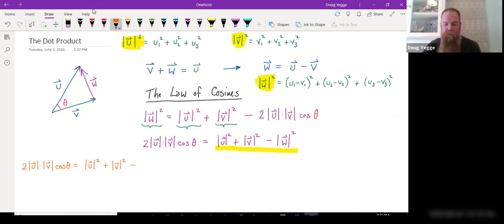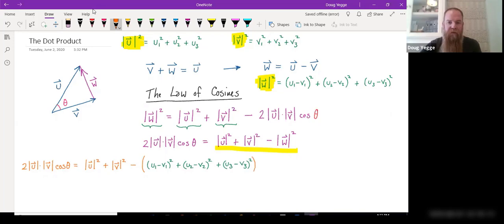And what I am going to do is replace this magnitude of w squared with what that turns out to be. Okay, well, it's u1 minus v1 squared plus u2 minus v2 squared plus u3 minus v3 squared.